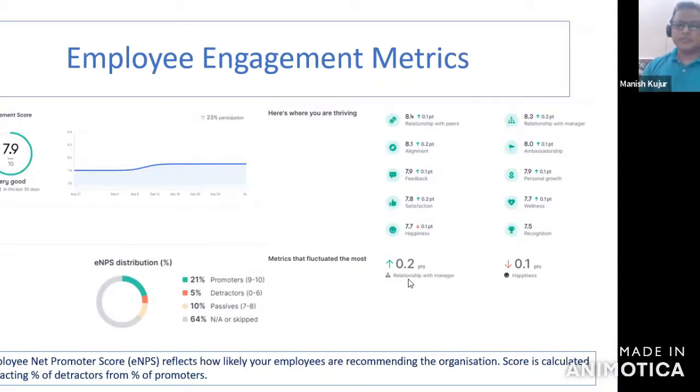It also throws up data showing, for example, that relationship with manager has gained 0.2 points, not percent, and happiness decreased by 0.1 points. So this is how you can get a real-time picture while you create all these metrics.